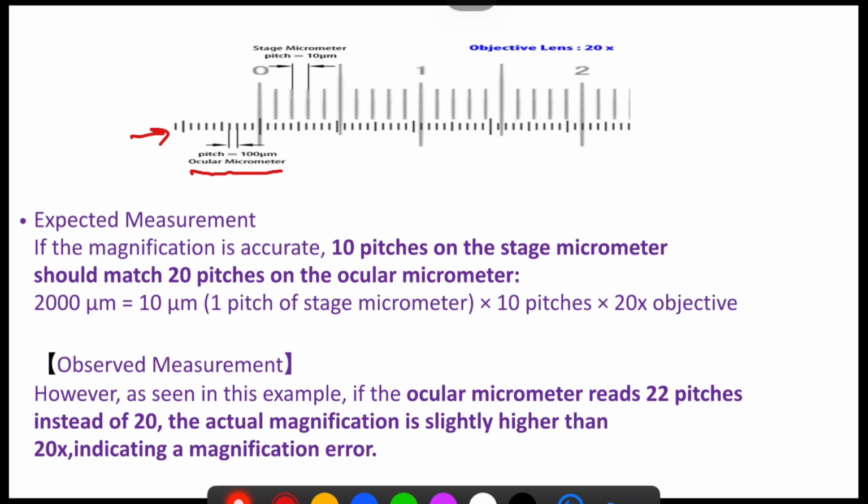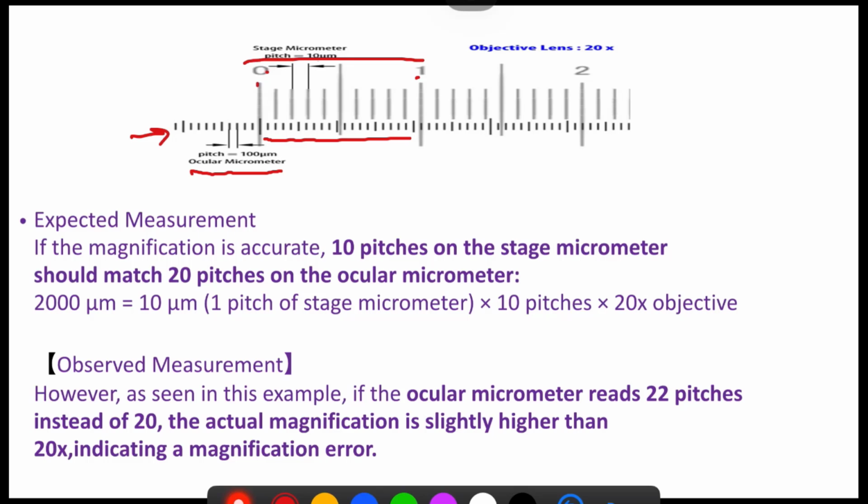So the expected measurement must be, if 10 pitches on the stage micrometer, like this is 110, it should match 20 pitches on the ocular micrometer. Here you can see this is the ocular micrometer, and here is the stage micrometer.